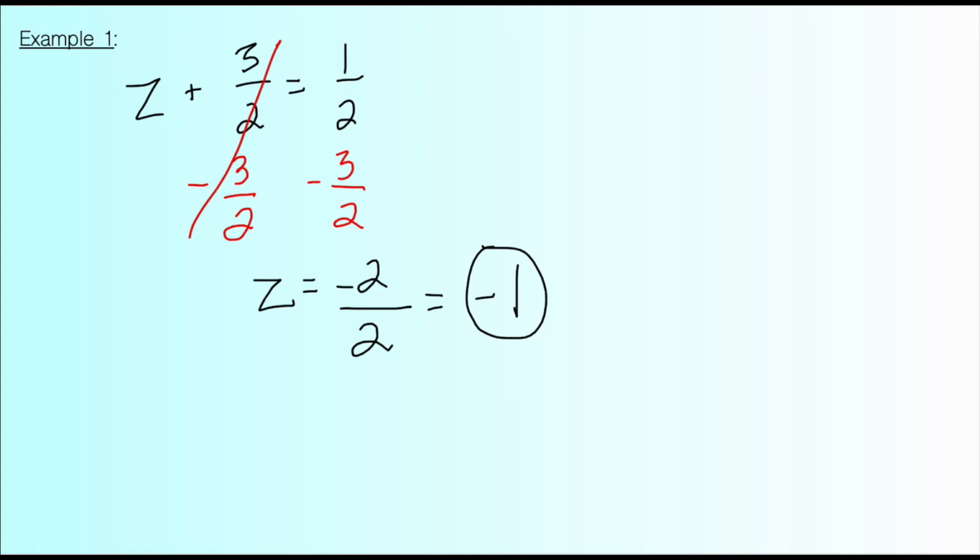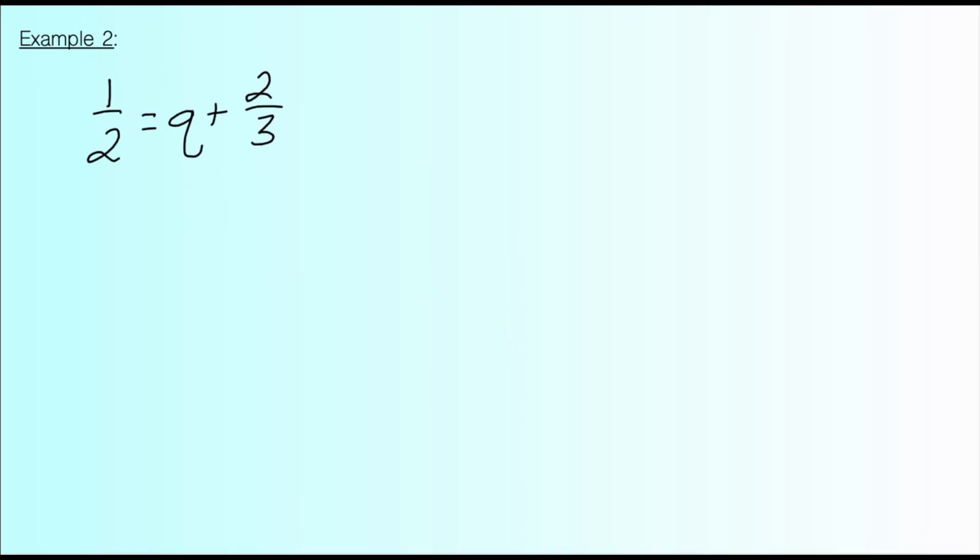So that means the answer to this equation, and we could check for reasonableness, is what plus 3/2 is 1/2? Well, -1 plus 3/2 is 1/2. That makes sense. I need to add a negative to this to make it get smaller, to get it down to 1/2. All right, so do two more and call it a day.